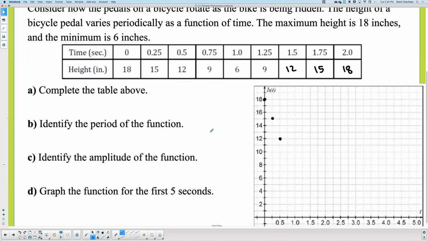Let's just go ahead and start plotting all those points along the line. 0.75 and 9. 1 and 6. So that's the graph going down, and now we go up. 1.25 and 9. 1.5, 12. 1.75 and 15. And then finally 2 seconds and 18.